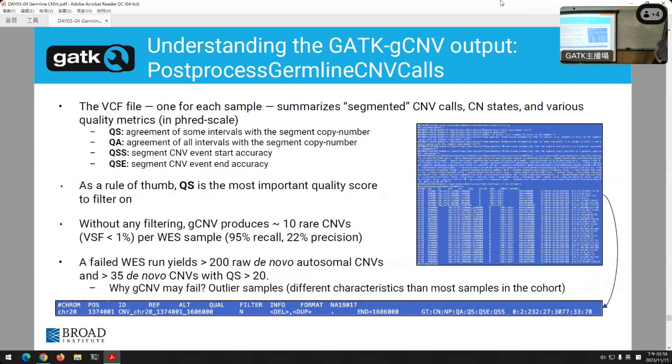We typically recommend using QS as your main quality metric for filtering, but I want to also mention QSS and QSE, which are quality scores for the start and end of the CNV interval. That's because, especially with exome data that is lower resolution, we might be very confident that there's some sort of copy number variant, but we might be a little bit less confident that we got the start or the end position correct.